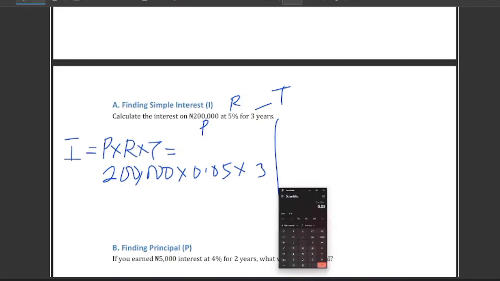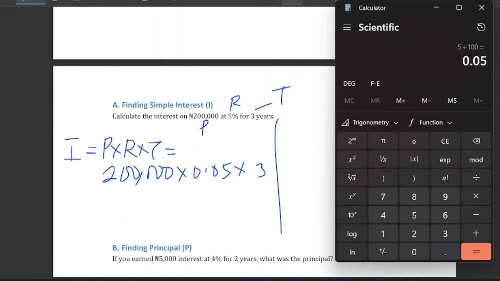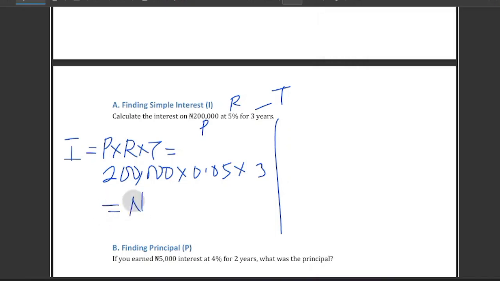So we take your calculator and multiply it out. That's 200,000 times 0.05 times 3. This gives us 30,000 naira. This is 30,000 naira, alright?